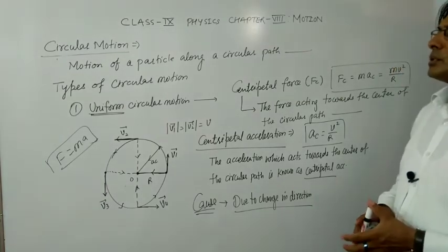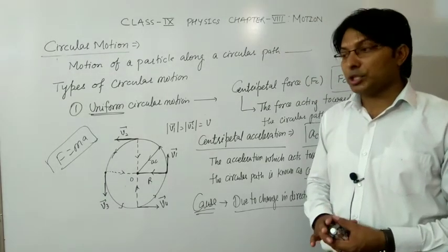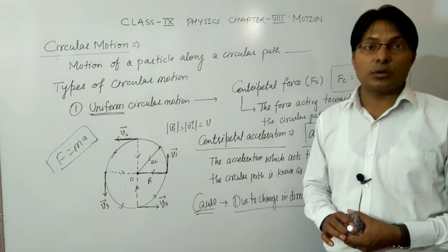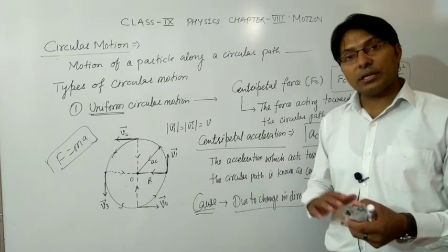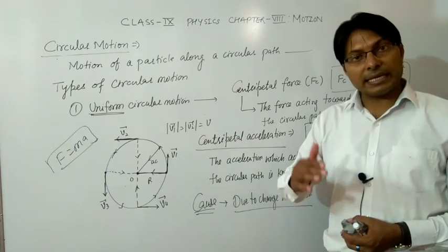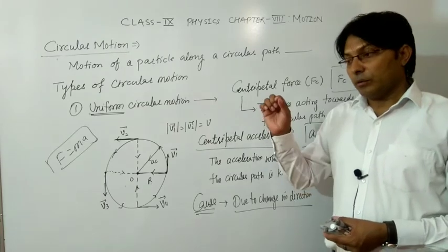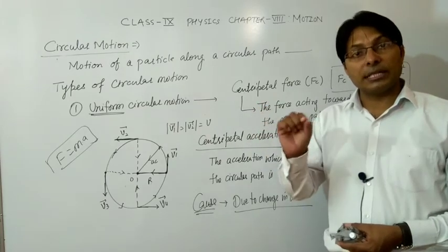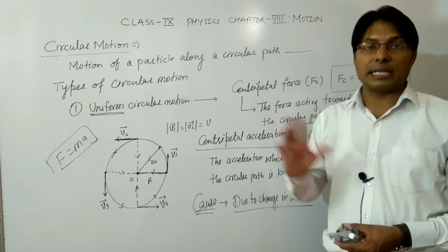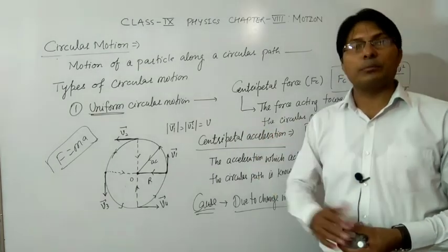Some more examples you can think about is the motion of planets around the sun. The gravitational force between the planets and the sun acts as a centripetal force, because whenever there is circular motion there must be centripetal acceleration, and this centripetal acceleration comes from different types of forces.